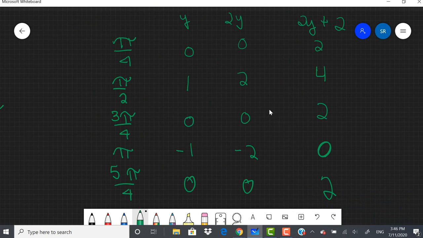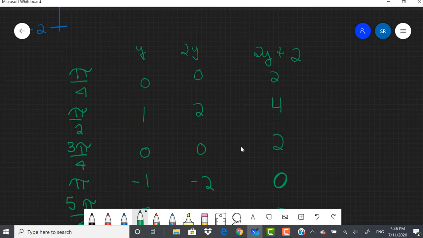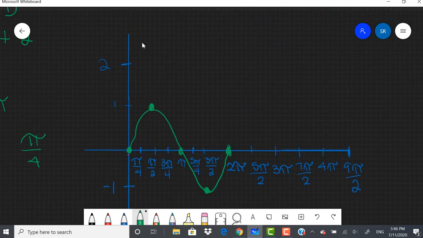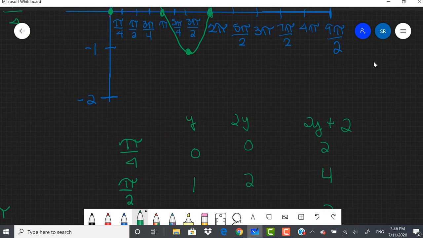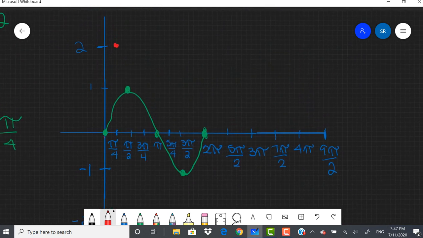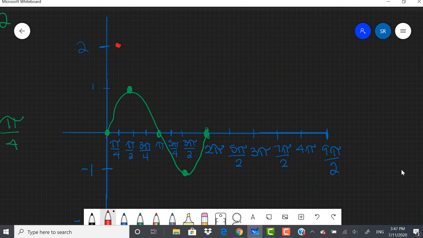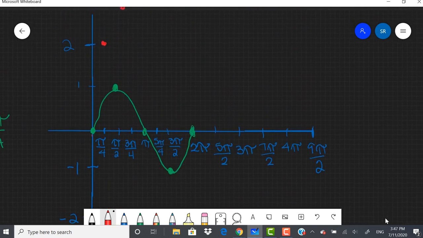Okay, we're just going to go ahead and regraph this. So we're just going to graph all these. So pi over 4, and I think I'm going to need to go higher here so I can get to 4. So we're just going to go ahead and graph these points. We're going to go pi over 4 is going to be up at 2. And then at pi over 2, we're going to go all the way up to 4. No, that's kind of off my charts. We'll just go right there. And then my 3 pi over 4 is at 2.